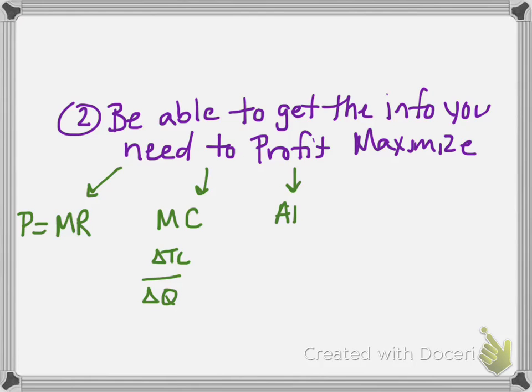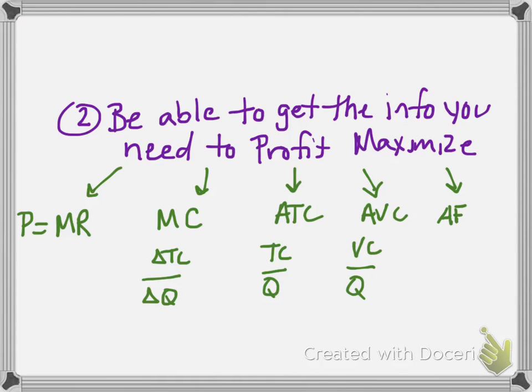You need to know if you need to calculate marginal cost, it's your change in total cost divided by your change in quantity. You also need to be able to calculate average total, average variable, and average fixed costs. And another thing that's useful to remember is that average total cost is equal to average variable cost plus your average fixed costs.